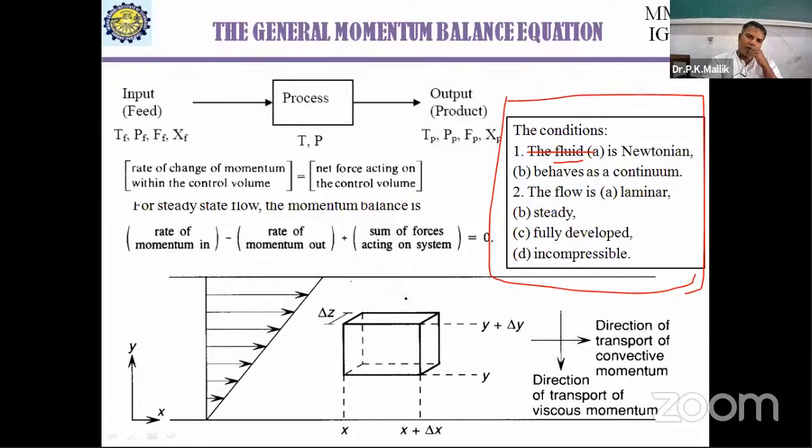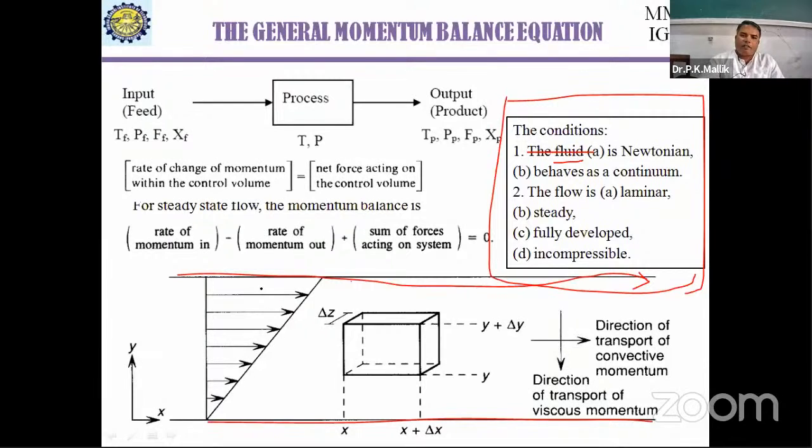Then you come to solve the problem. How easy is it to solve the problems? This is the same case. We are considering the upper portion of the plate moving and the lower portion stationary. You have to find out in which direction the momentum transport is taking place, so that we can easily balance the momentum equations.